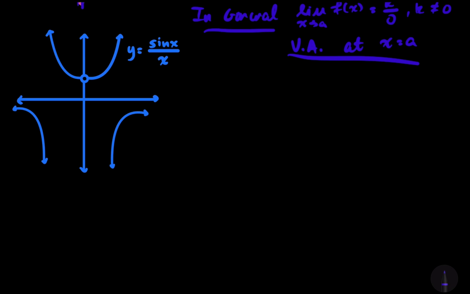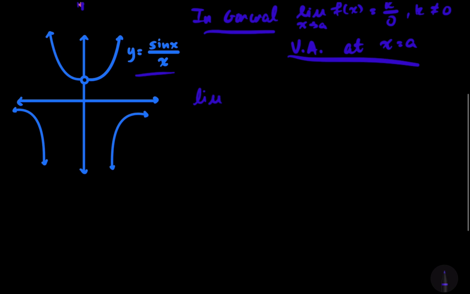So let's take this example over here, y equals sine of x over x. If we take the limit as x approaches 0 of sine of x over x, then we can again try direct substitution, and then we're just going to get sine of 0 divided by 0, right? There's already a problem here. We're dividing by 0, but moreover, sine of 0 is equal to 0.